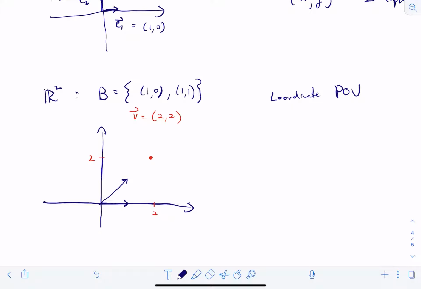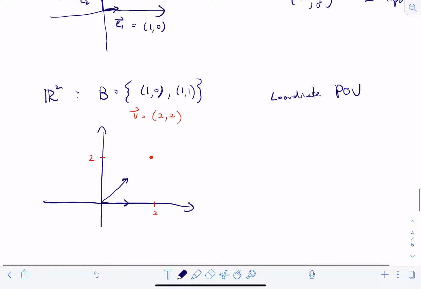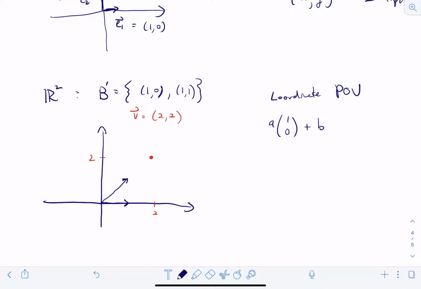But if you're talking about with respect to this new basis, the new basis B, maybe I should call it B prime so you don't get confused. What does that coordinate mean? A coordinate would mean you have A times the first basis vector, which is 1, 0, plus B times the second basis vector, which is 1, 1. And you're hoping to attain that 2, 2 vector that I had mentioned.